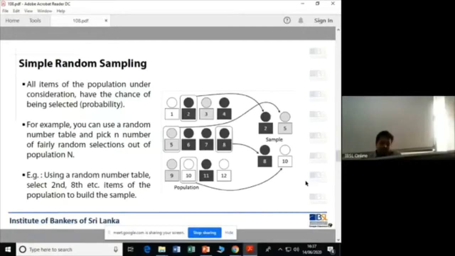You can use another random number table and select 6 items out of the 12. So your sample size n should be defined first. For that number of points that you're going to include in the sample, you need to refer to a random number to select the items from the population. So that's the broader idea of simple random sampling.